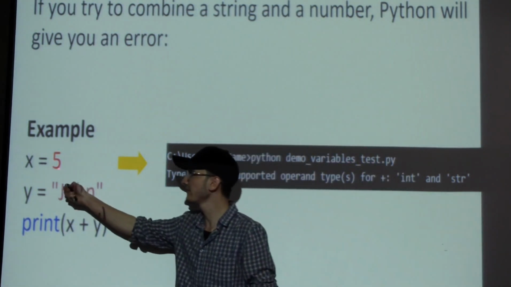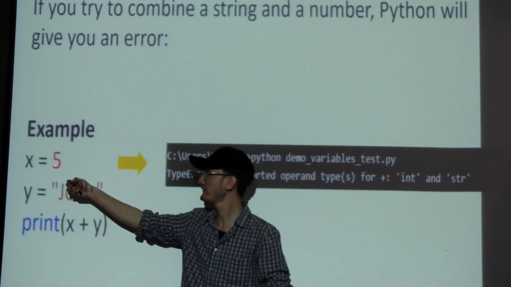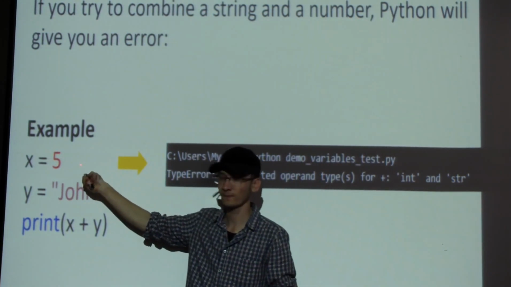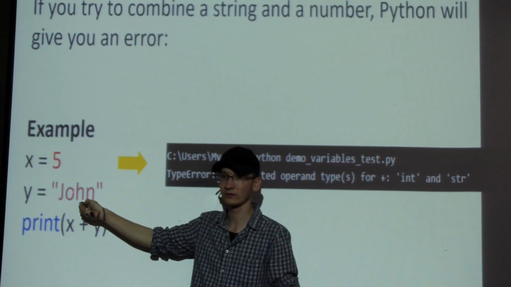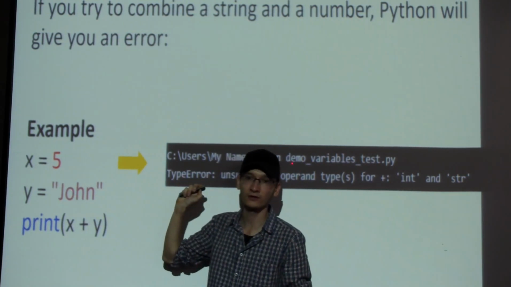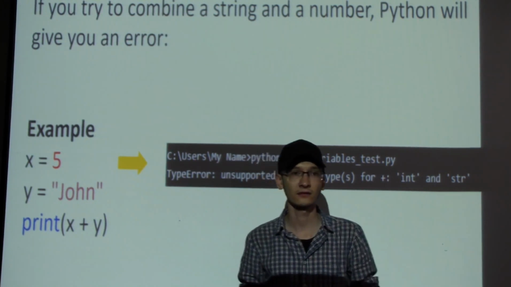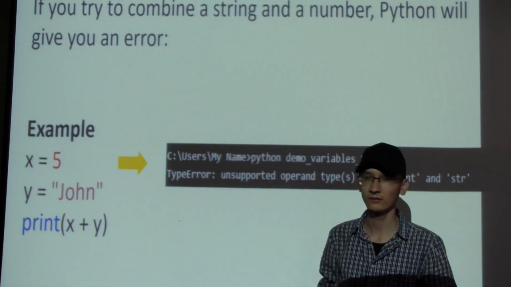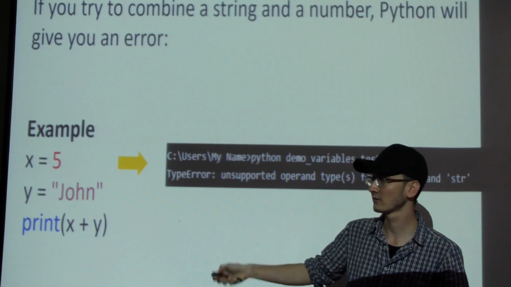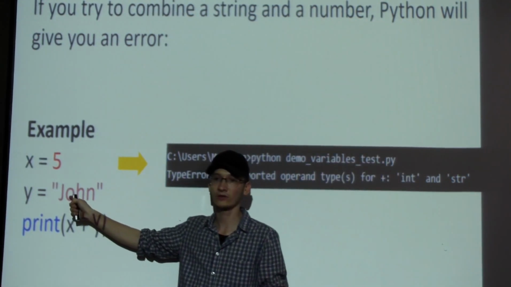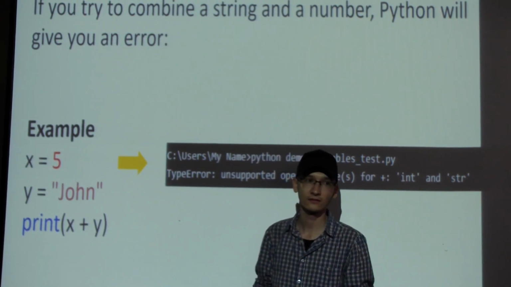Just imagine if it is a string, for example, Sam. Now it's y John. Does it work or not? Works. What will be the result? Sam John. Also, if we put here 10, what will be the result? 15.